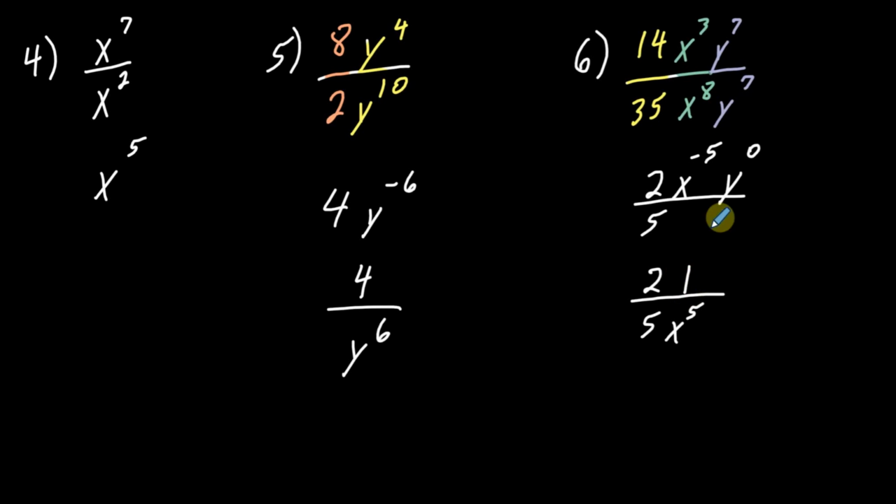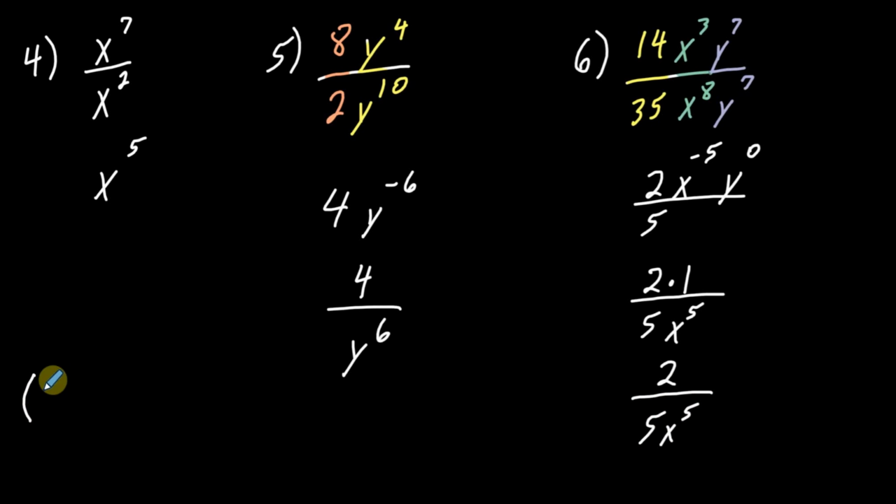So y to the 0 becomes 1. Remember, all of this was being multiplied. This was 2 times x to the negative 5th times. So I'm going to make this multiplication. And of course, now we need to simplify completely. 2 over 5x to the 5th.